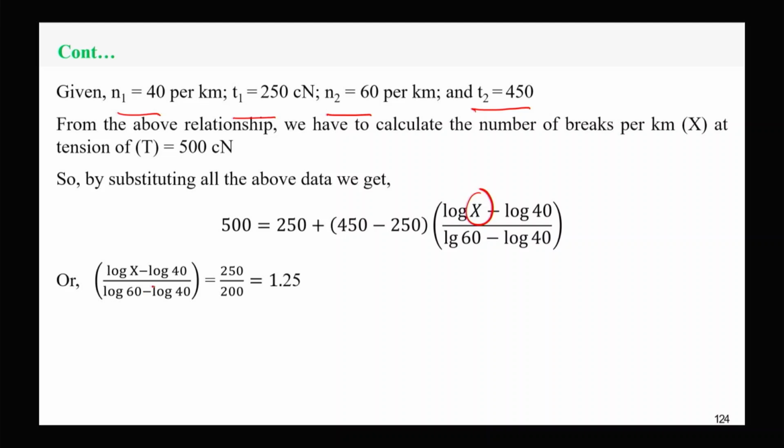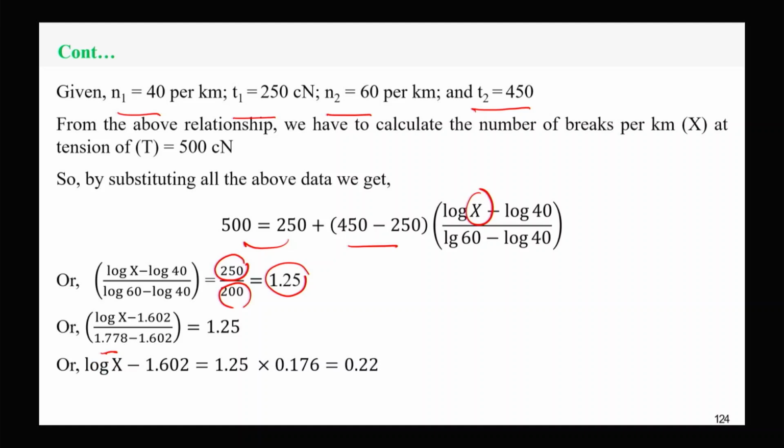So log x equals log 40 plus log 60 minus log 40, multiplied by, so this goes here, 250 divided by 200, so it will be 1.25. Log 40 is 1.602, log 60 is 1.778. So from there we will be able to calculate x.